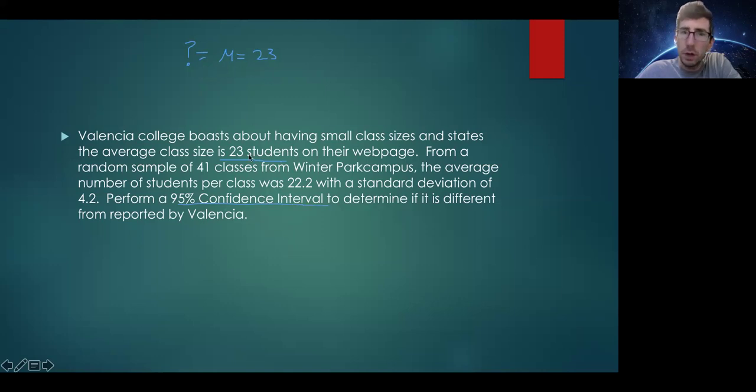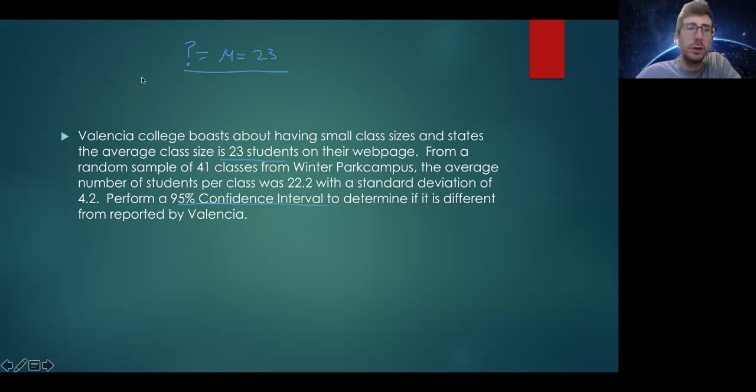We're not just going to assume it's true. This is what they're claiming, but we want to see if what they're saying is true. So we're going to perform a confidence interval, and we'll talk about how we can answer this question after we calculate the confidence interval.